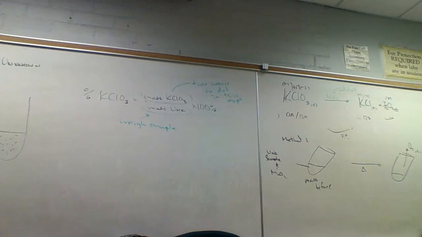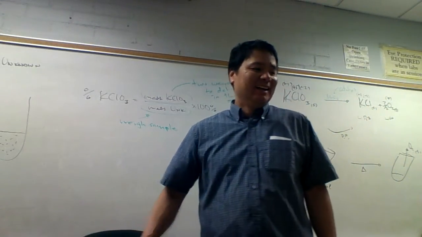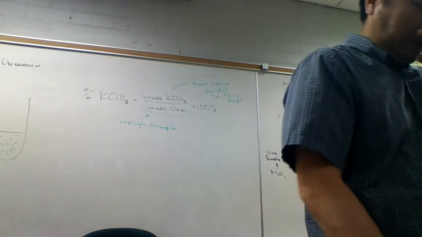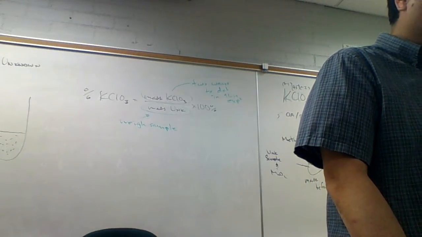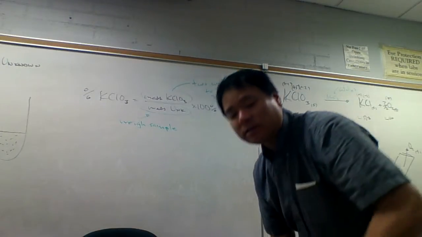And so we're going to determine how much O2 is generated by two ways. One, by just difference in mass, and then two, by capturing the O2 and measuring its properties: pressure, volume, and temperature. And so how do we capture the O2? Well, capturing the O2 is kind of tricky, but it's standard procedure.